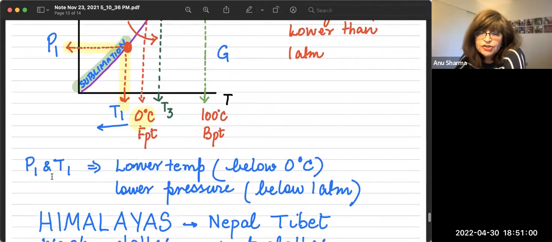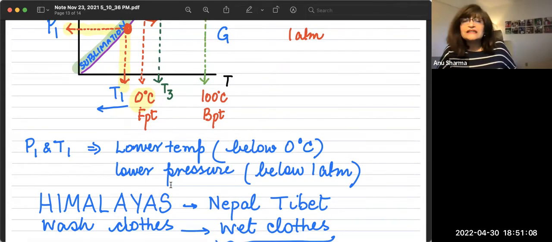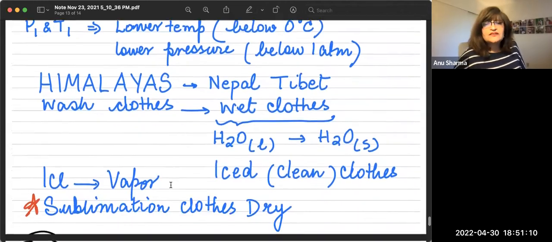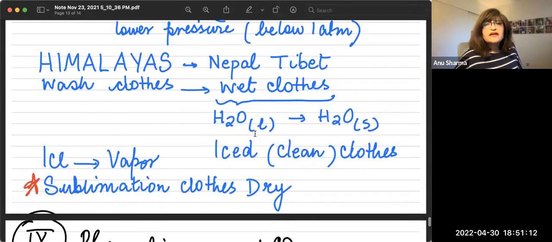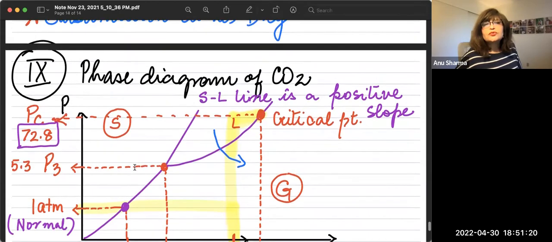So lower temperature means below 0 degrees Celsius, and lower pressure means below 1 atm. In this case, the water remains in a solidified state, and through the process of sublimation, it converts to vapor.